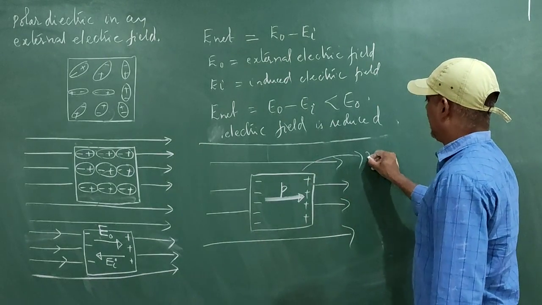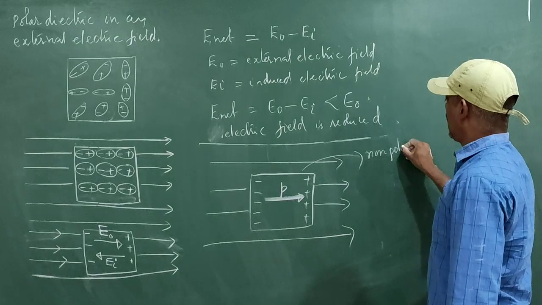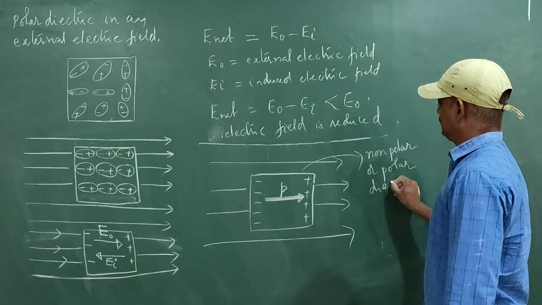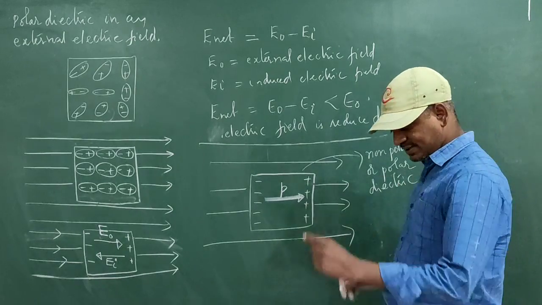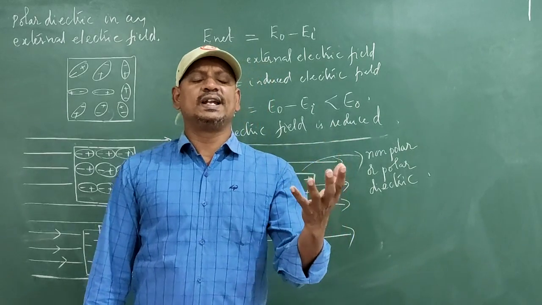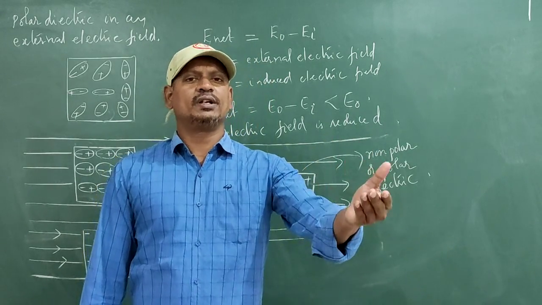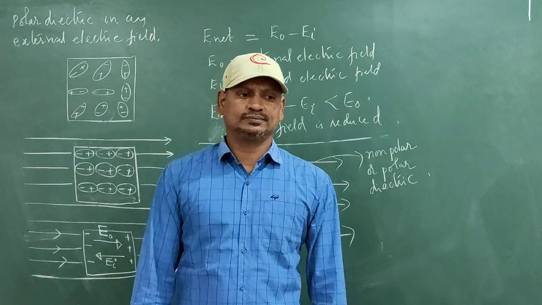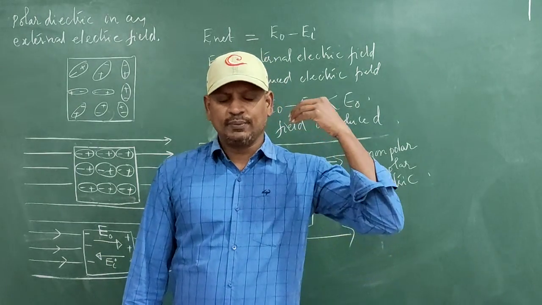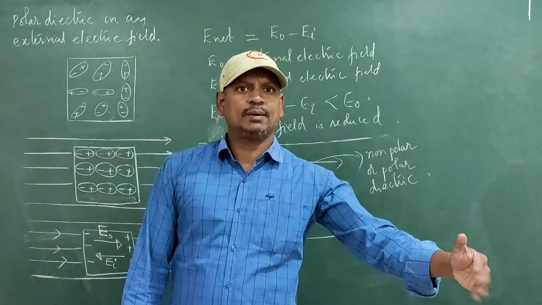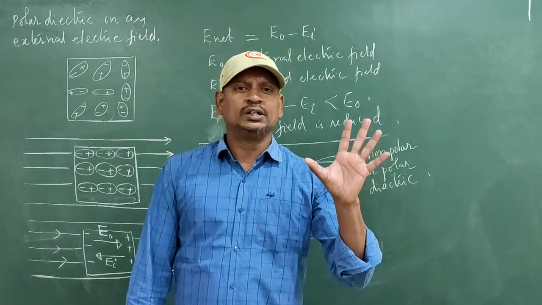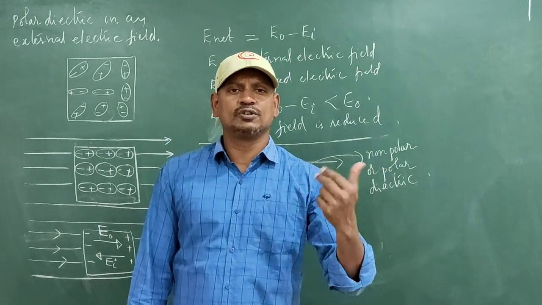This is for either non-polar or polar dielectric. What have we discussed? Whether polar dielectric slab or non-polar dielectric slab, in the absence of an external electric field, the dipole moment of both of them is how much? 0.